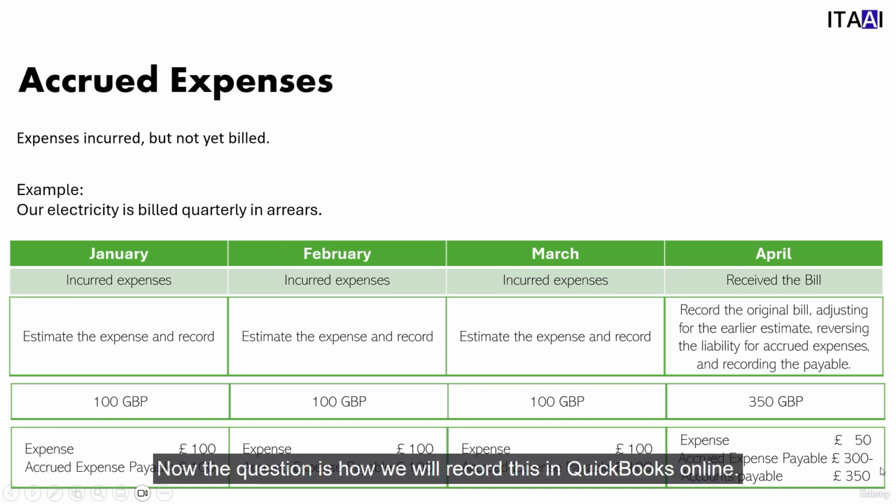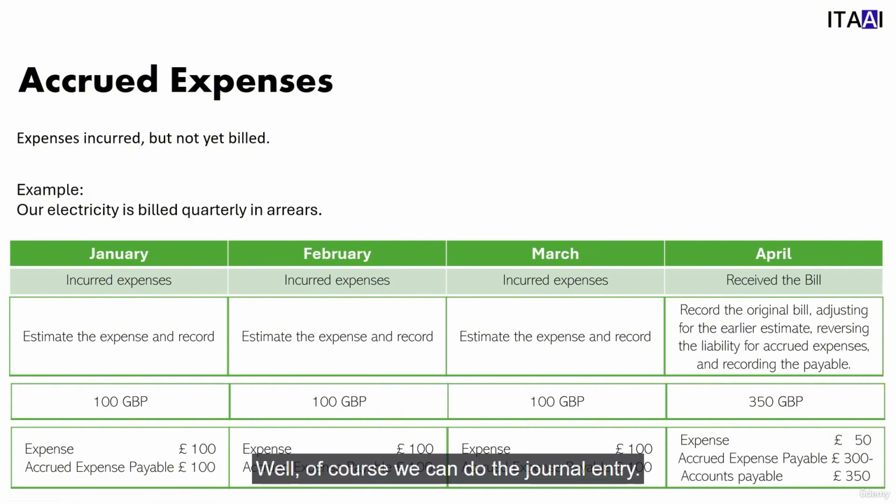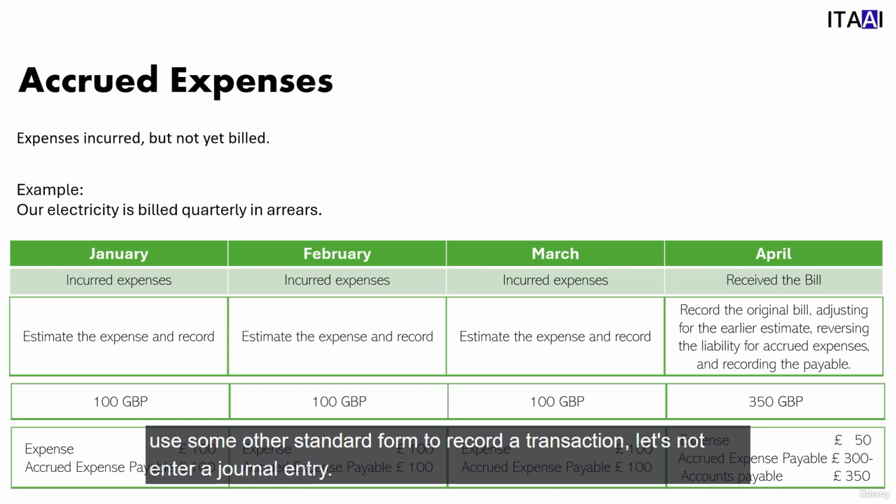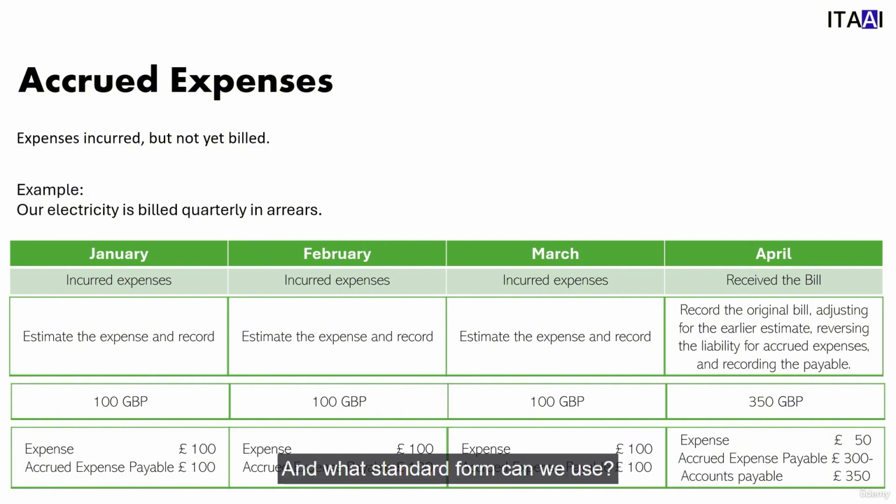Now the question is how we will record this in QuickBooks Online. Well, of course we can do the journal entry, that is not difficult at all, but the standard practice when we are using a good software like QuickBooks Online is that if you can use some other standard form to record a transaction, let's not enter a journal entry. And what standard form can we use? Let me ask you a question.